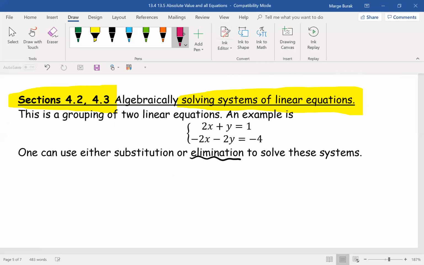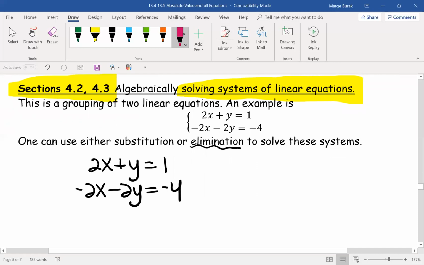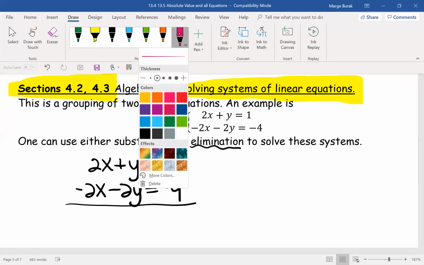Okay, so here we have 2x plus y equals 1, and we have another equation in x and y. And these 2 equations are rigged, so I can use this procedure. When you have 2 equations with 2 unknowns, one thing you can do is line up the variables and add these together. Sometimes it's called elimination and sometimes it's called addition.